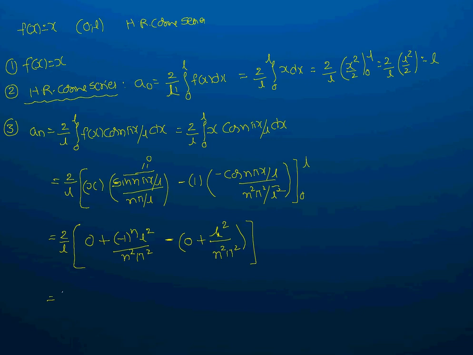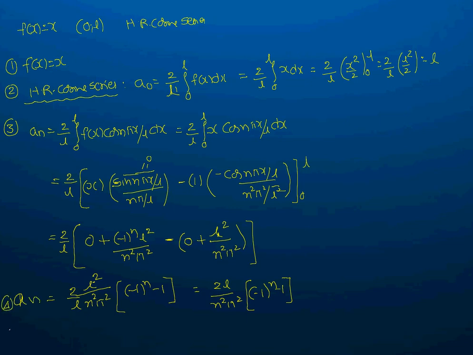So if you simplify this one, 2 by L into, n square pi square you take common, so what you are left with is, in the numerator you take L square also, therefore minus 1 whole power n minus 1, that is nothing but 2L by n square pi square into minus 1 whole power n minus 1. This is the an value.